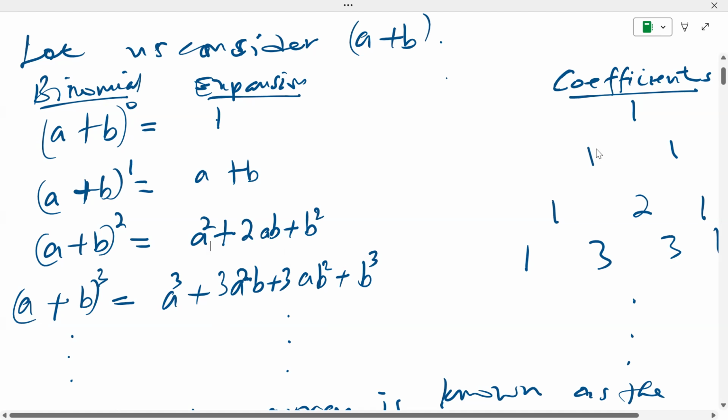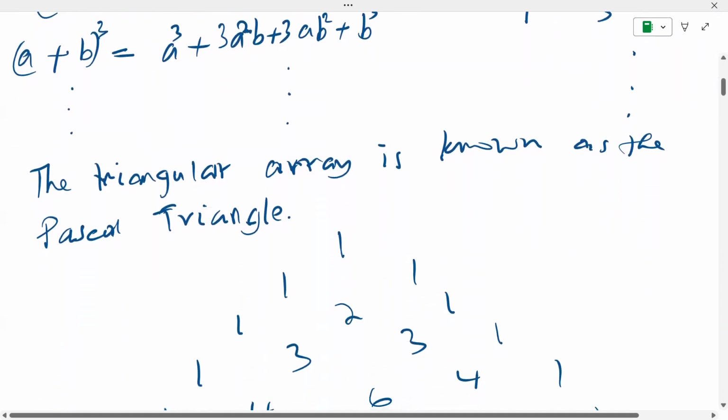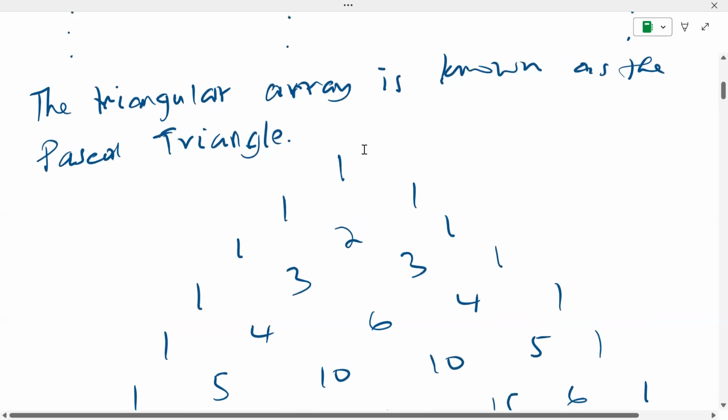If you look at the coefficients, we have a triangle there, a triangular array, and that is known as Pascal's triangle. So we can continue on and on. From the first row, we started with 1 and ended with 1. So 1 plus 1 gives us 2, with 1 beginning and 1 ending. Over here, we have 1.